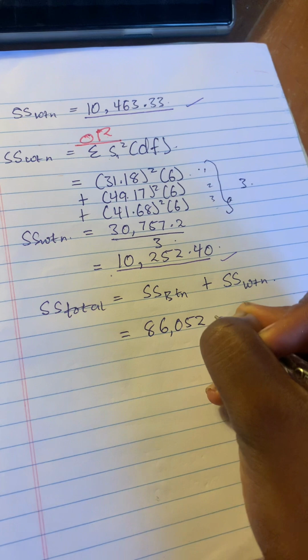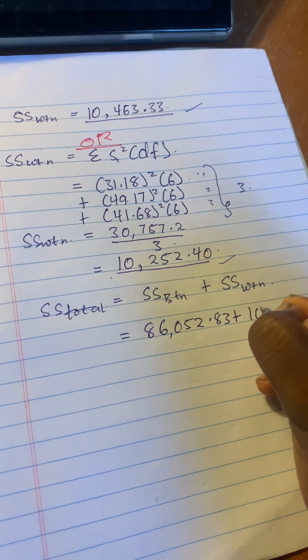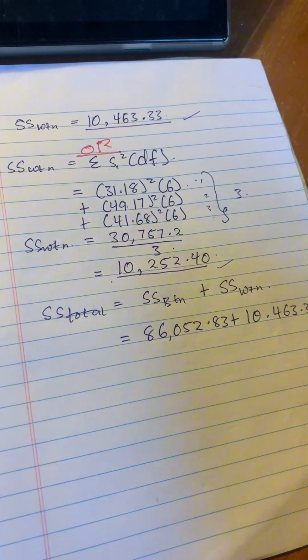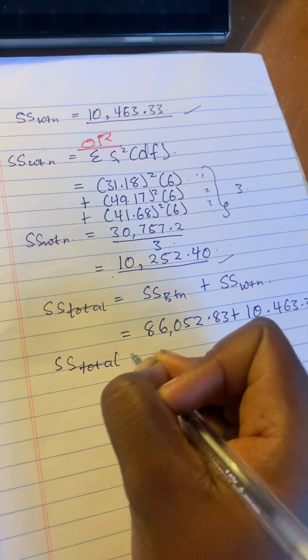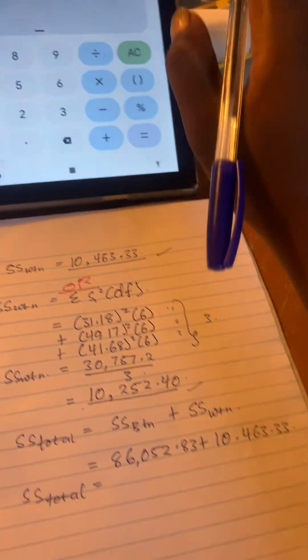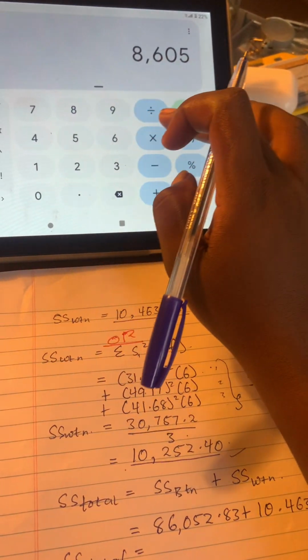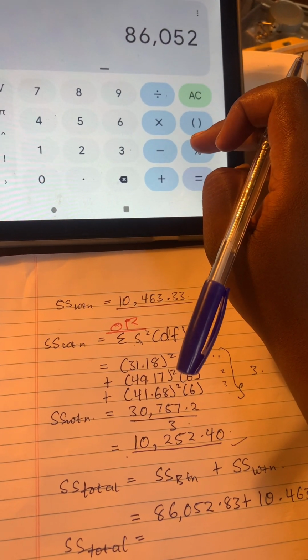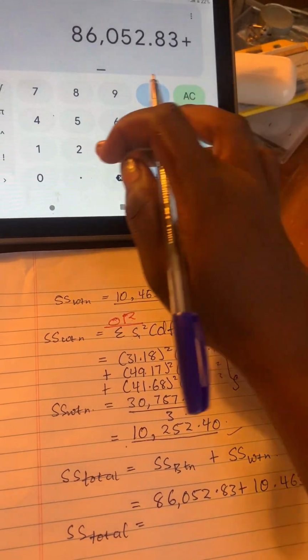Bear in mind, we also have a formula for the total sum of squares, which is the summation of the individual observation minus the grand mean, done for each observation throughout. But that one is long, so we can just pick the short method, which is sum of squares total equals sum of squares between plus sum of squares within, because we already have the values for both. So all that we do is add them.